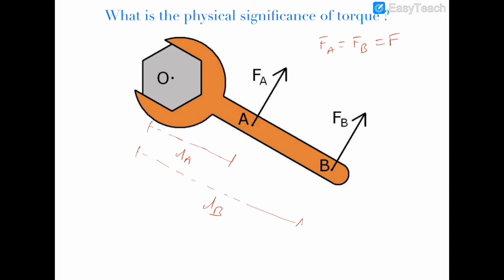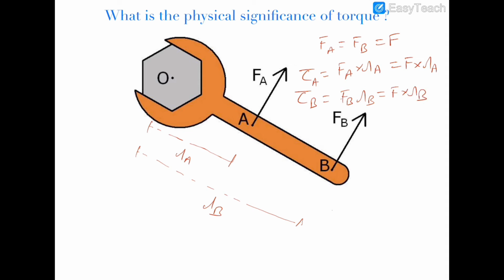If we apply the same forces on these two different points, then the torque at point A would be FA into RA, which is F into RA. Now the torque at B, tau B, would be FB into RB, which is F into RB.